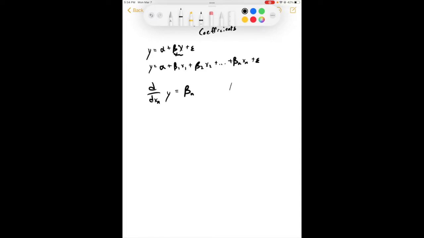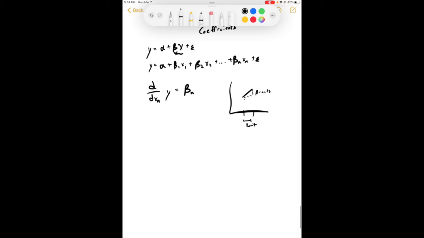Or if you think about it in terms of slope, a 1 unit increase in x is going to account for a beta units increase in y. Basically rise over run.